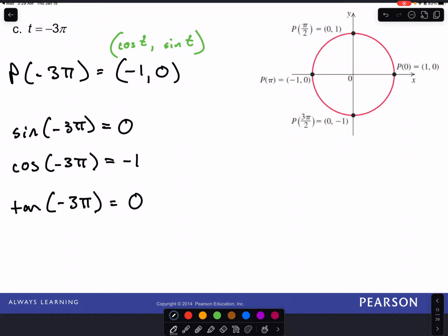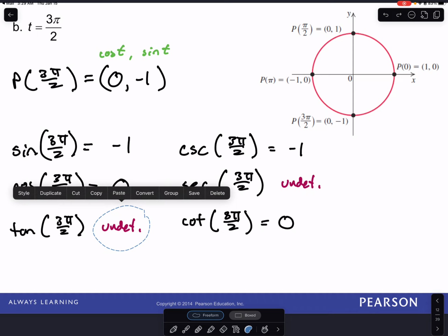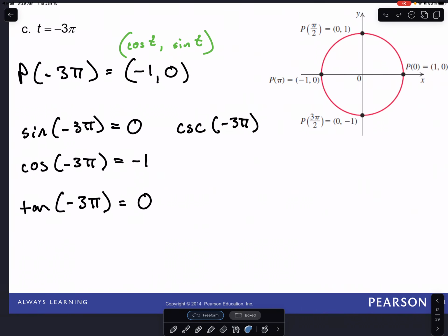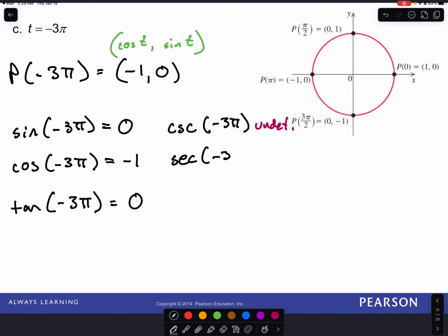The reciprocal of sine is cosecant of negative 3 pi. That one's going to be undefined. The reciprocal of cosine is secant of negative 3 pi.